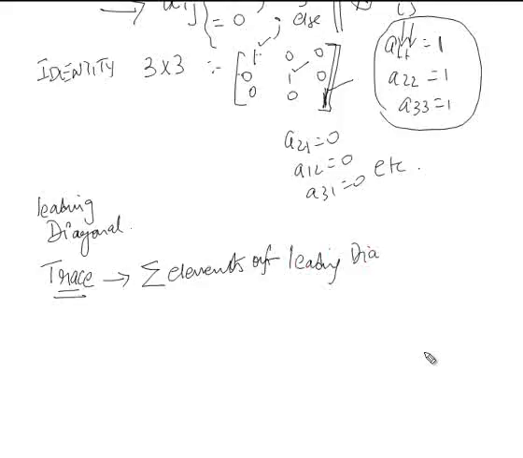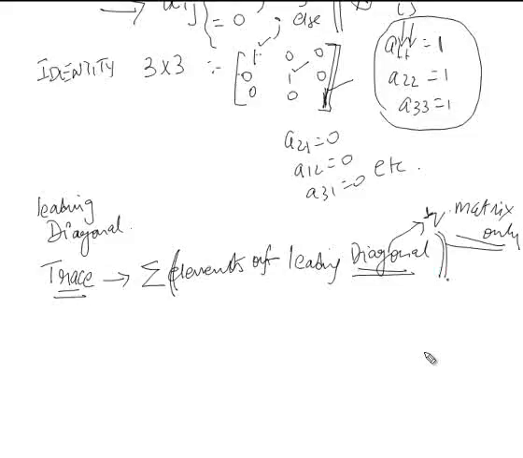So the moment the diagonal notation comes, whenever I refer to a diagonal, it is always referring to a square matrix only, because I cannot define a diagonal with respect to a rectangular matrix. At the present moment, the conclusion is I cannot define a diagonal for a rectangular matrix.